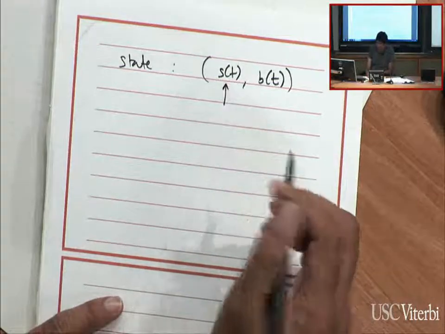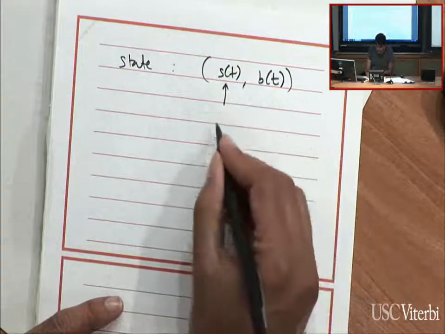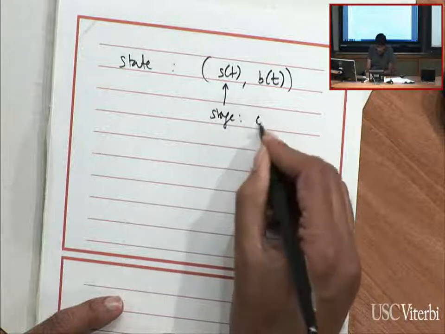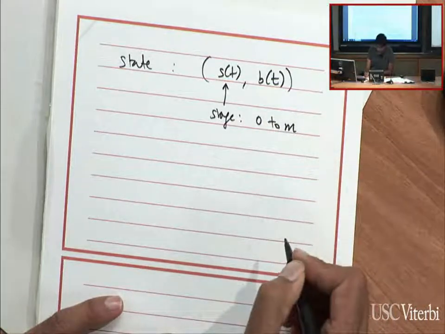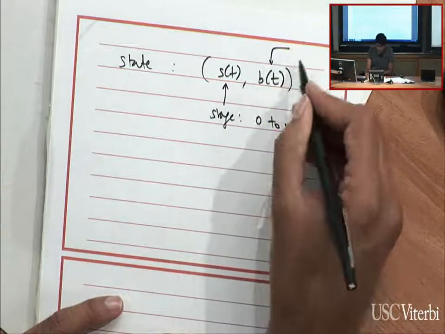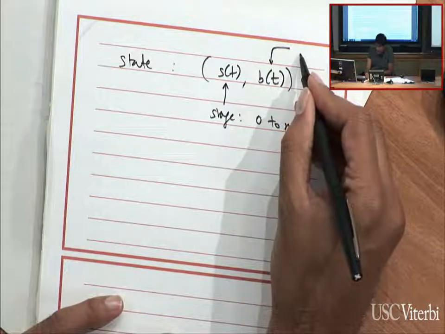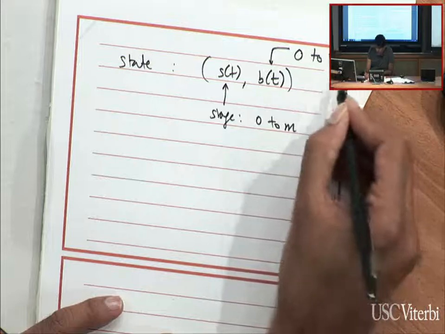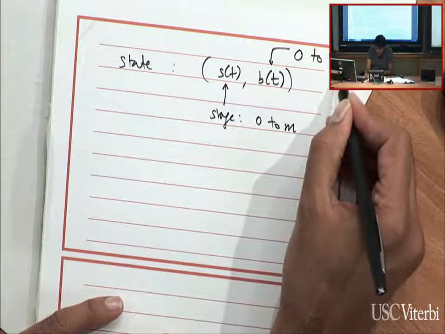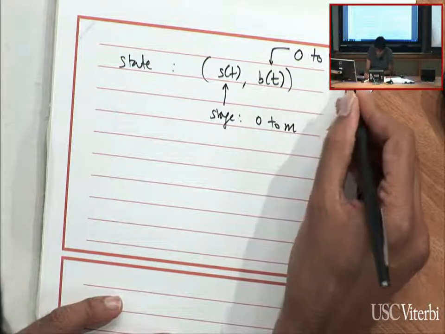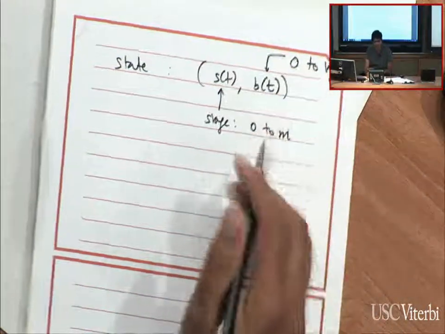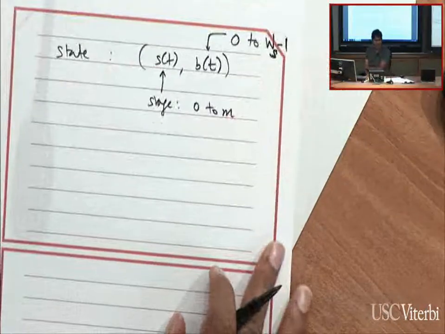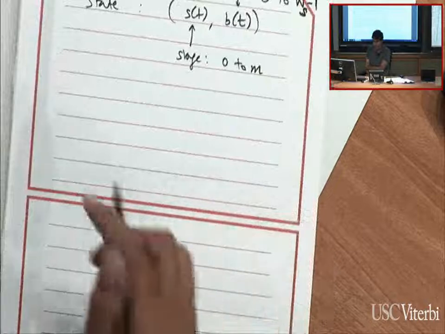This captures the stage, which goes from 0 to M, and B_t goes from anywhere from 0 to W_S minus 1, whatever stage you're in, minus 1. That's all the values that this would take on.